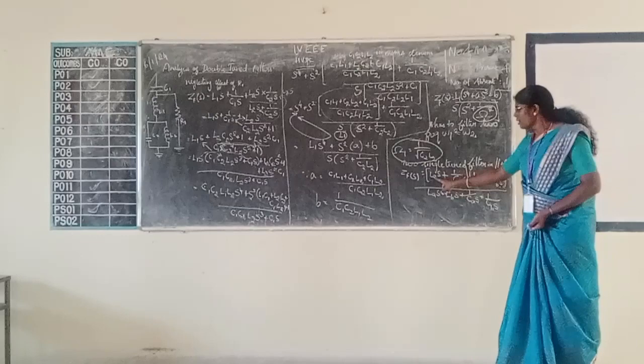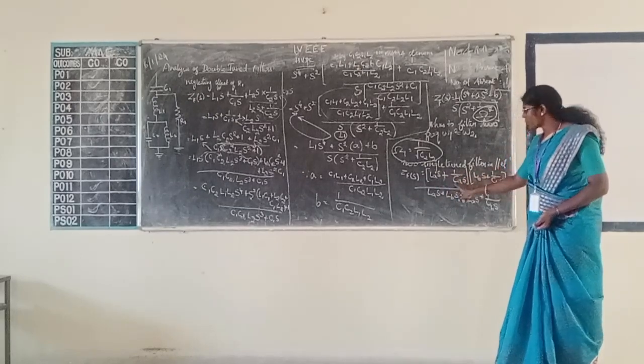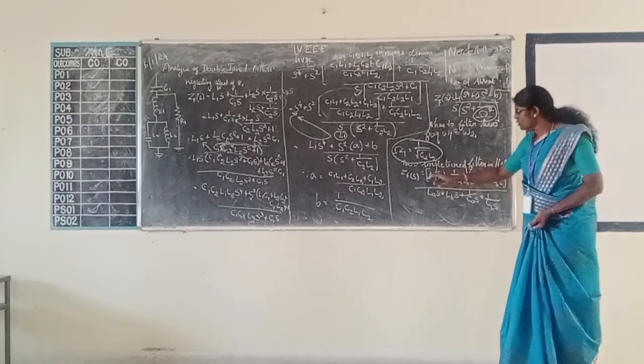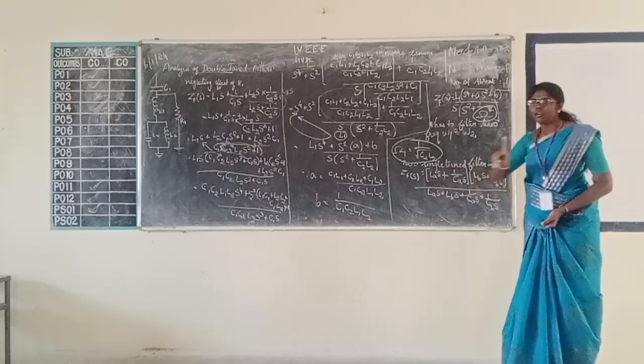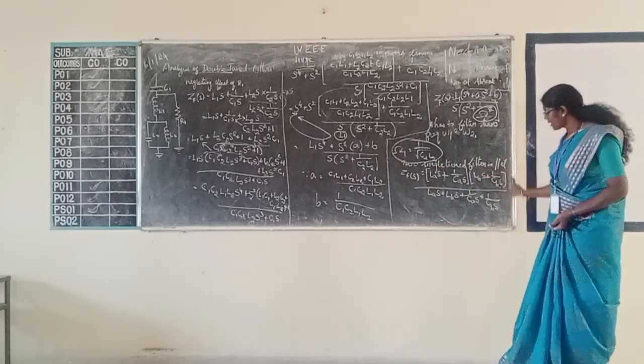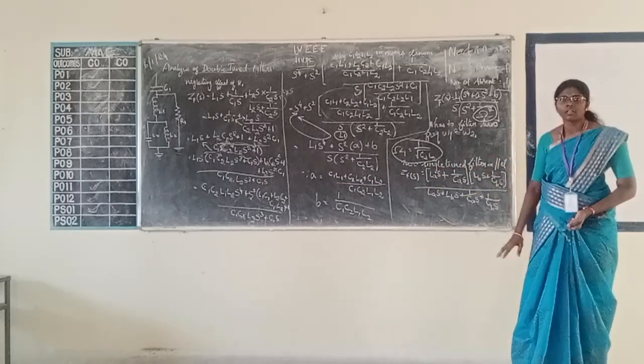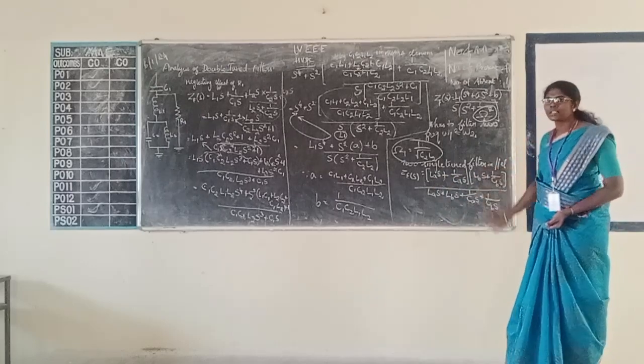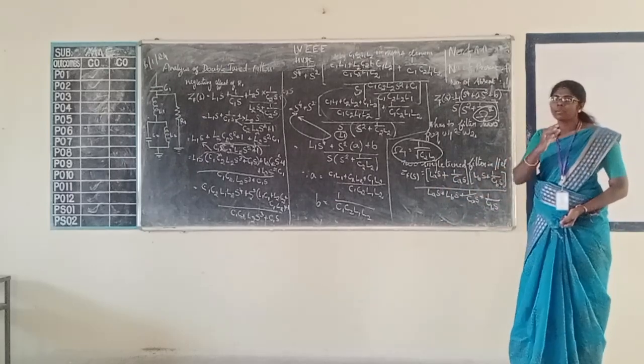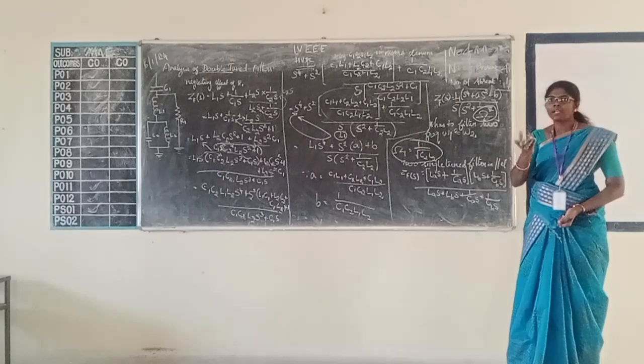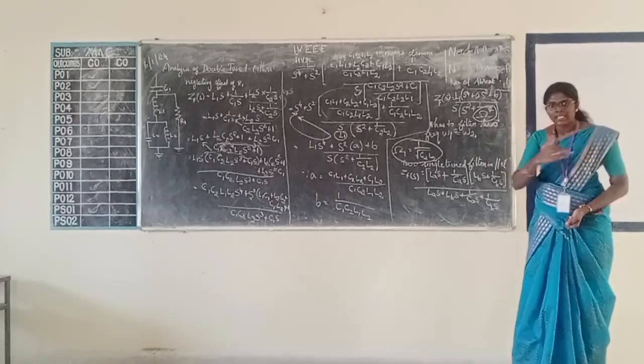The first tone filter is LA S plus 1 by CA S, and this is the case of the second single tone filter, LB S plus 1 by CB S. So two single tone filters are in parallel. What will the expression be? If it is in parallel, it is the multiplication of the two divided by the sum of the two.